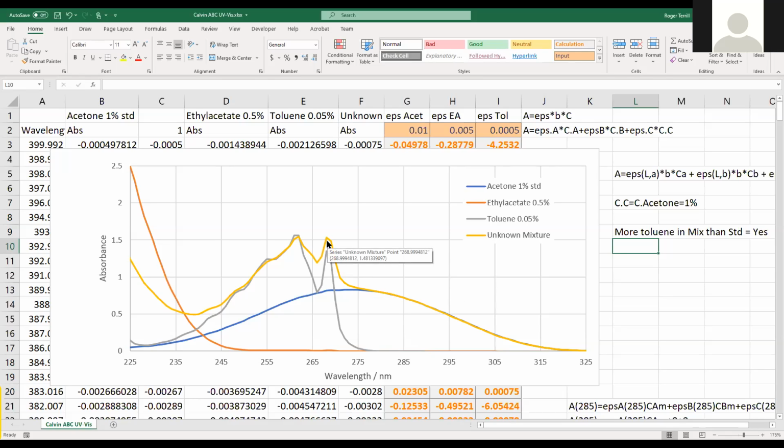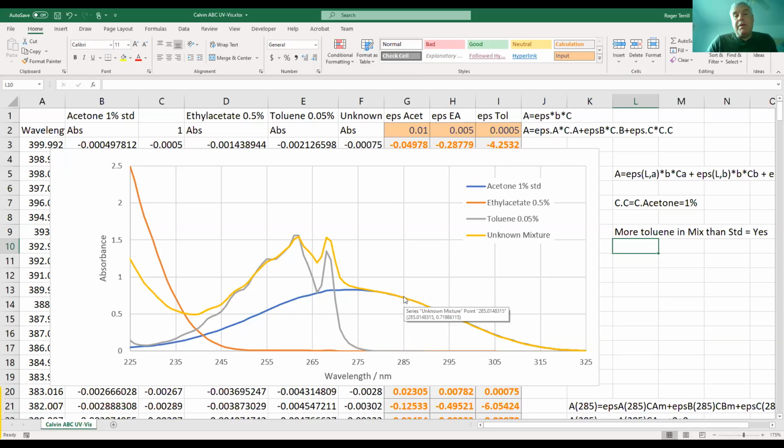The same amount. Okay. And so the same amount being like the amount measured. Sorry, go ahead. Well, like the same amount that we found, like the 1% that was at the unknown at 285. Okay. Yeah, the concentration.